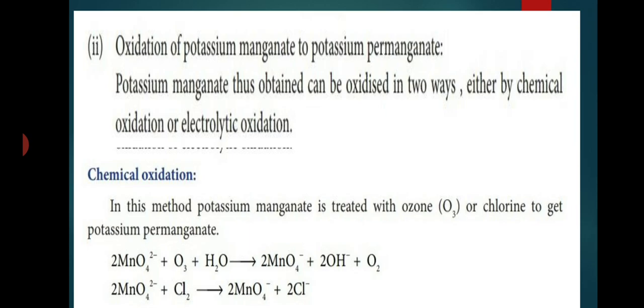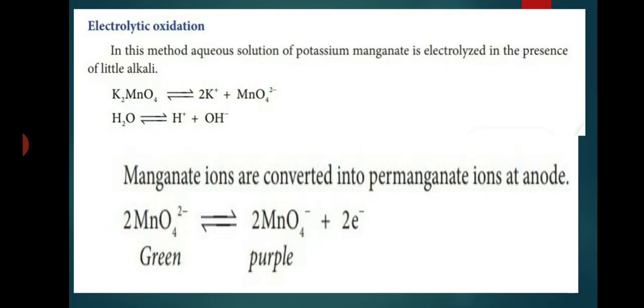Or we can use chlorine: 2MnO4 2 minus plus Cl2 gives 2MnO4 minus plus 2Cl minus. So either you can use ozone or chlorine. In electrolytic oxidation, it is electrolyzed in presence of little alkali.